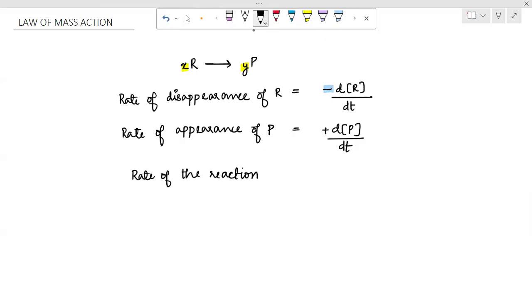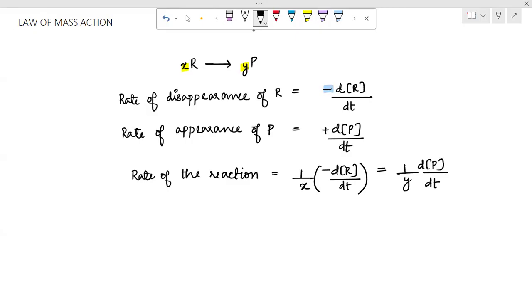So we can write the rate of the reaction with respect to the reactant, and we can also write it with respect to the product. How do we write it? It is 1 by x. You take the reciprocal of the stoichiometric coefficient, minus dR by dt, and that is going to be equal to plus 1 by y, concentration changes of the product, dP by dt.